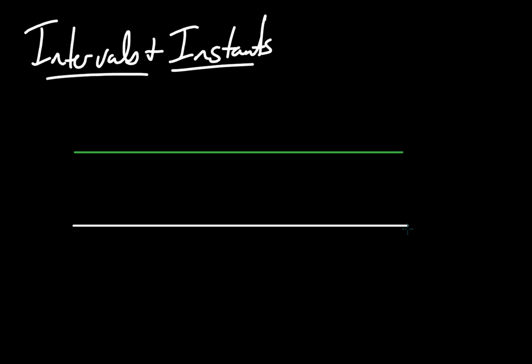So let's start with a number line. And let's also have below the number line a timeline. Okay, so the timeline is kind of an interesting thing, right? If you think about it, we could say that this is 0, 1, 2, 3, all the way up.